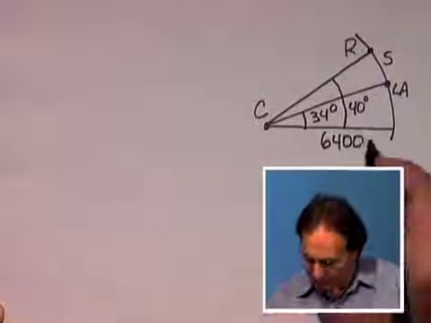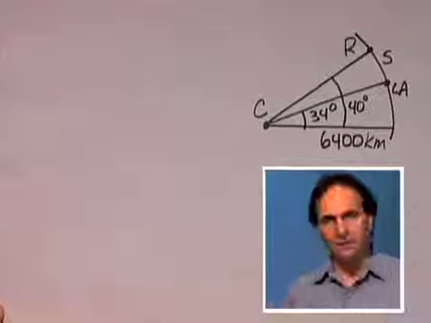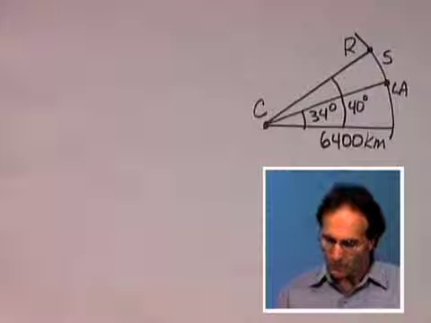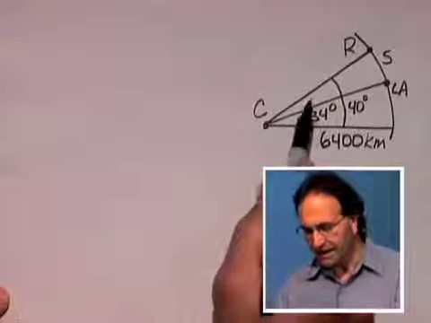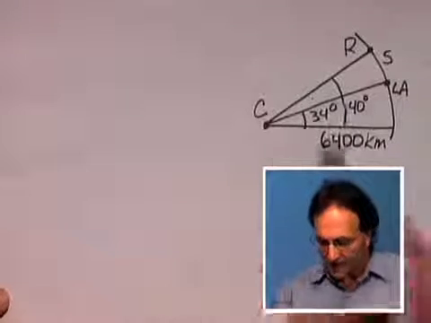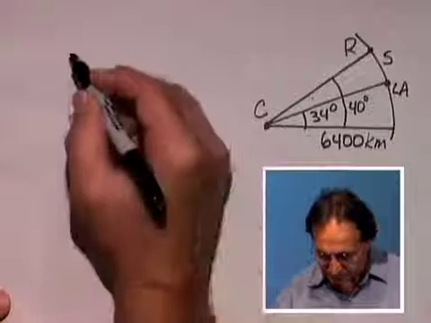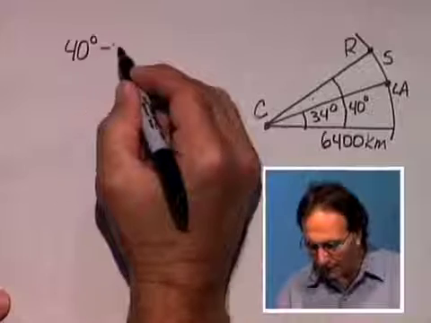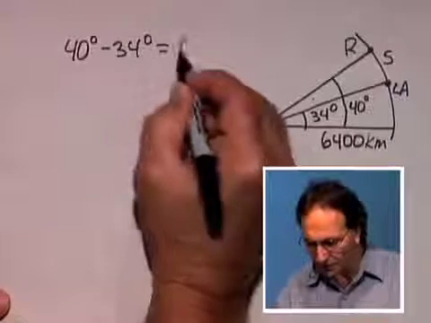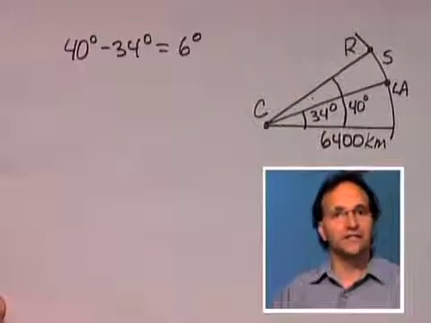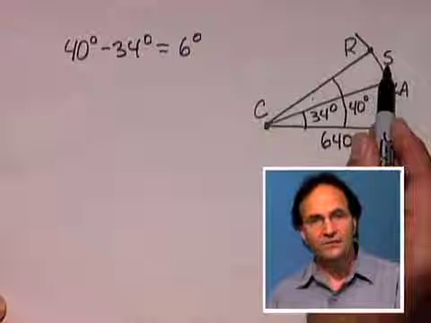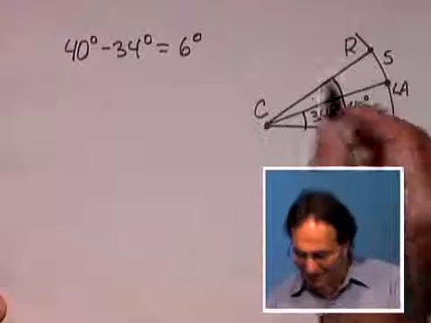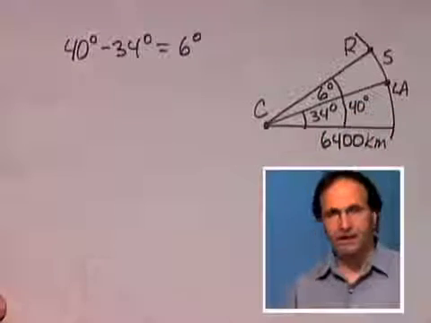So now, let me put kilometers here so we remember that it's kilometers. What we want to do then is calculate the angle inside here. And the angle inside there would be equal to 40 degrees minus 34 degrees, or in other words, 6 degrees. So the central angle for this arc length S is 6 degrees.